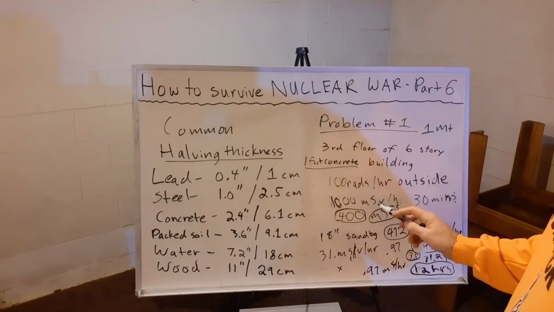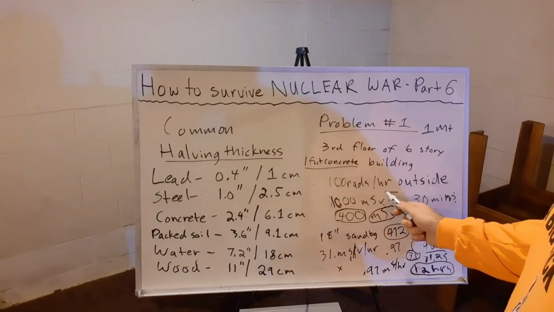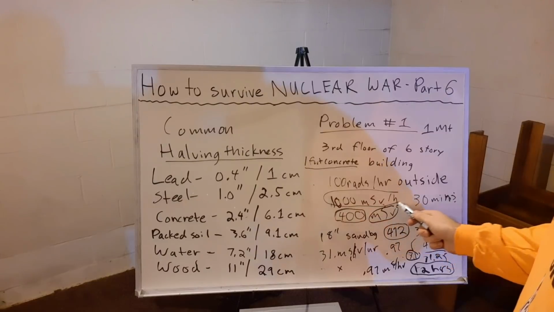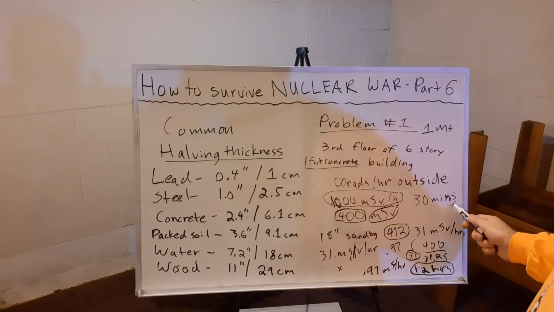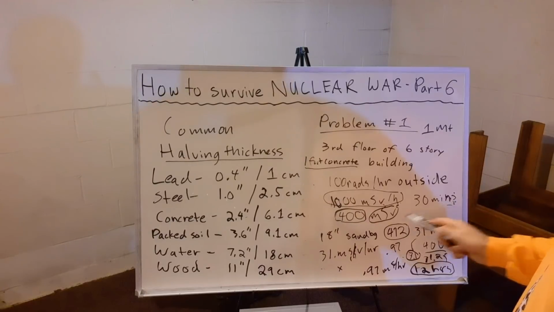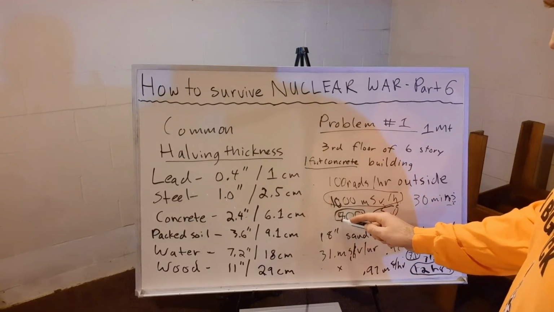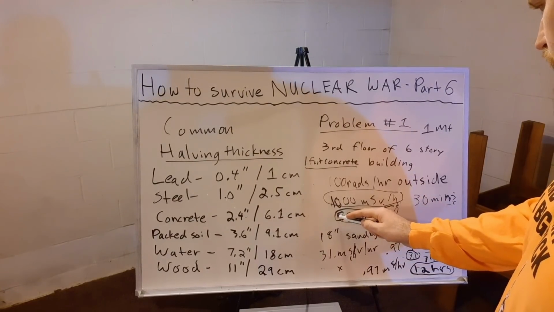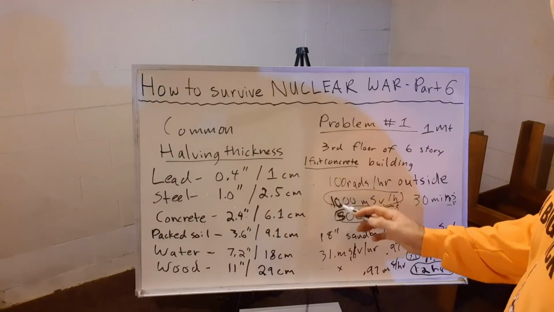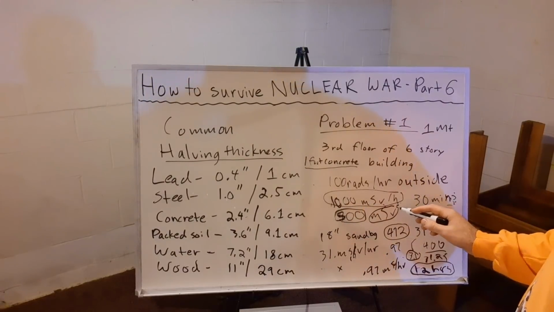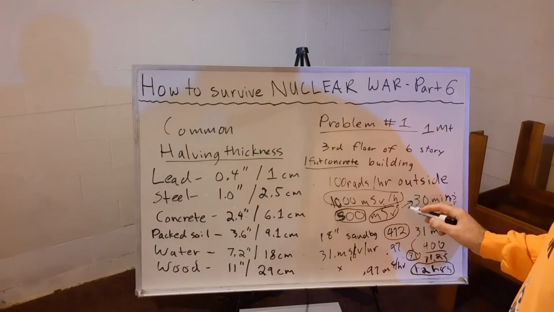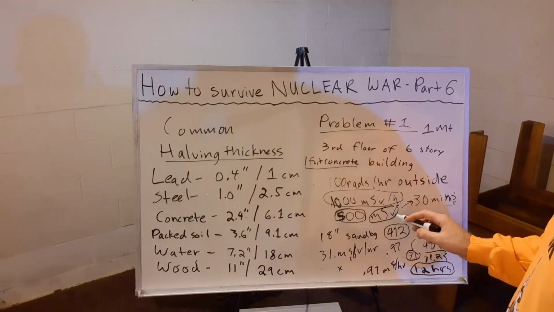And remember the 7-10 rule. So if it's 1,000 millisieverts per hour outside, 30 minutes to get radiation sickness, roughly. Okay, let's just round up to 500 to make it easier. 500 millisieverts to get radiation sickness rather than 400. So that'll take us 30 minutes outside to get radiation sickness.